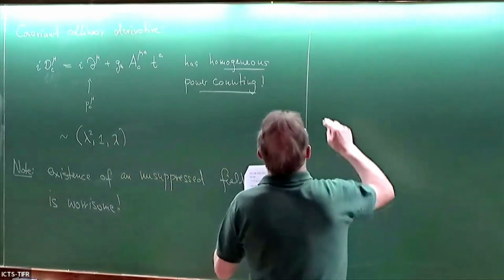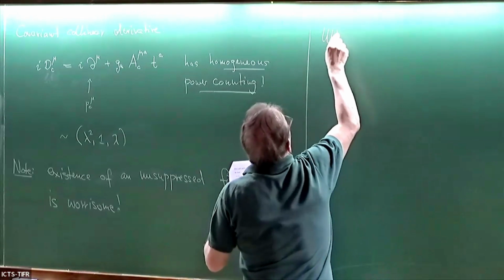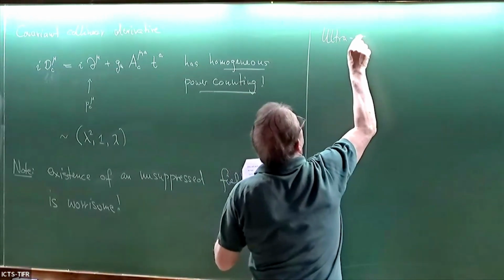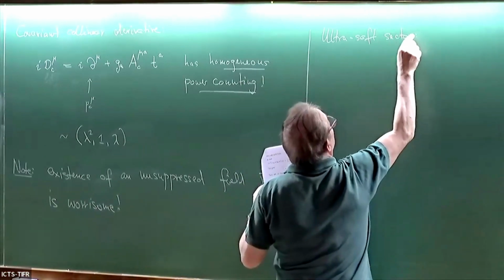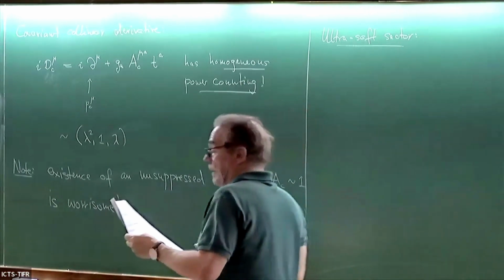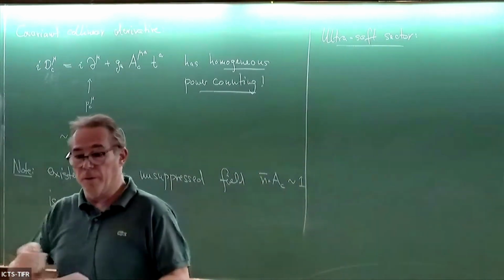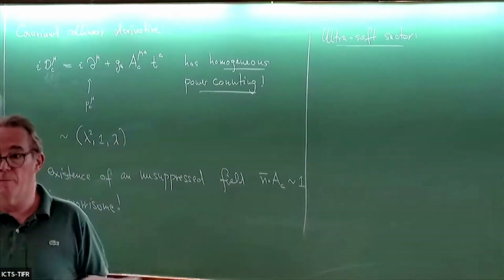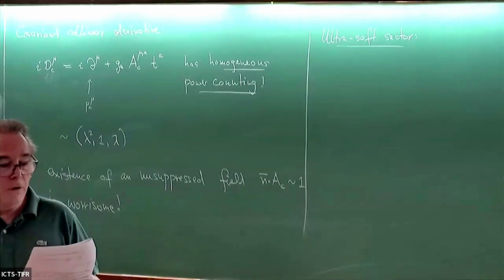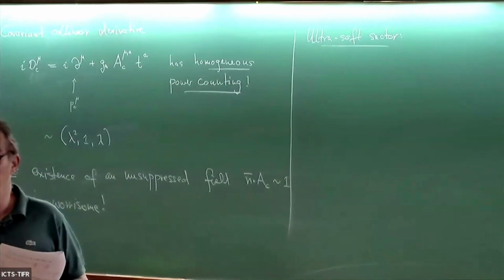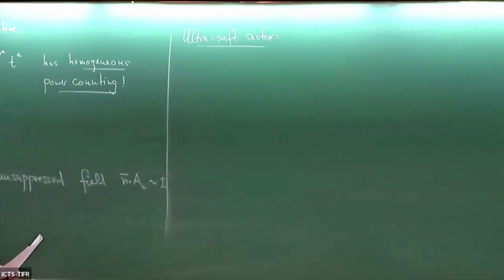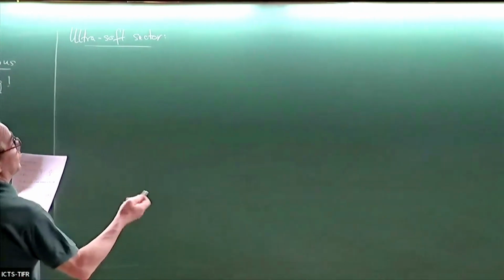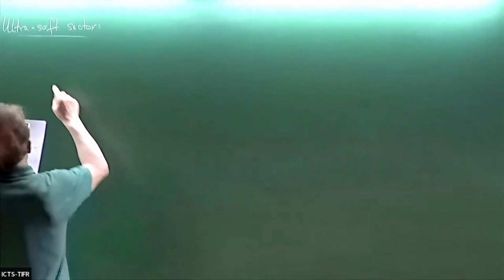What about the ultrasoft sector? In the ultrasoft sector, no surprises. First of all, the ultrasoft momentum has homogeneous power counting, all components scaling like lambda squared. So the Lagrangian in the ultrasoft sector is just the ordinary QCD Lagrangian. There's nothing to expand. And the power counting will just be the naive power counting that you would expect.